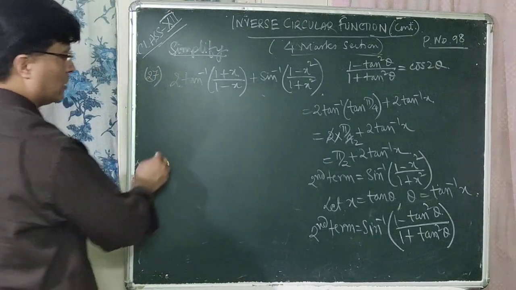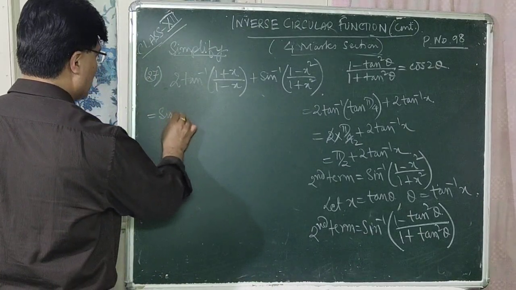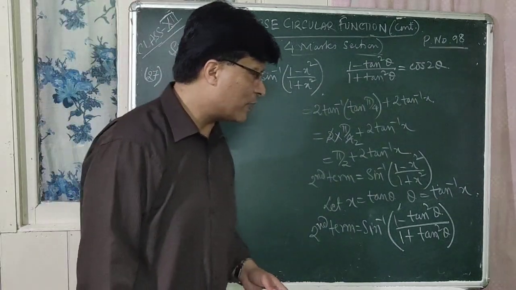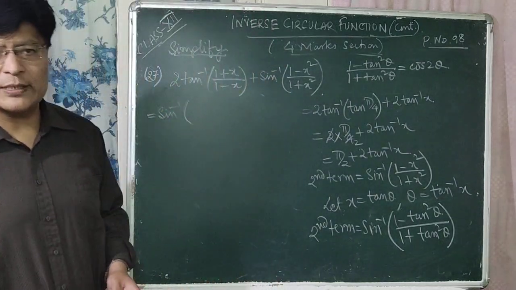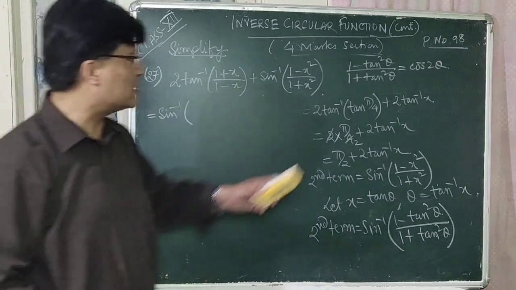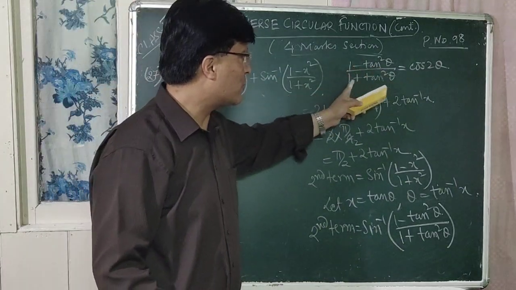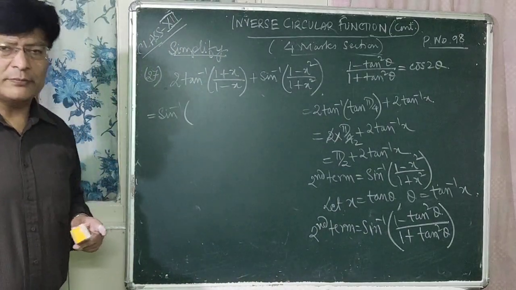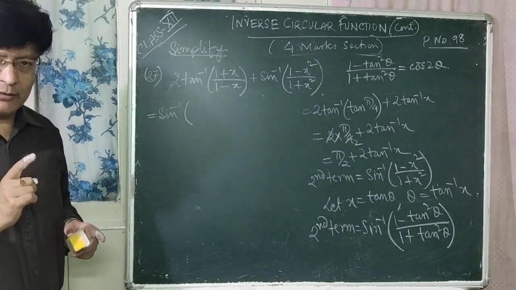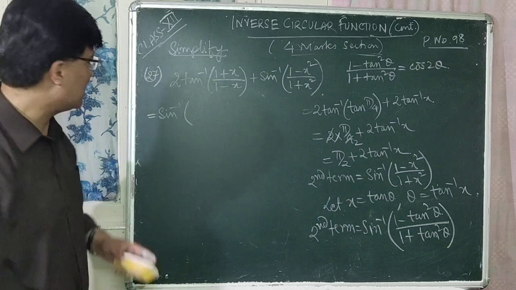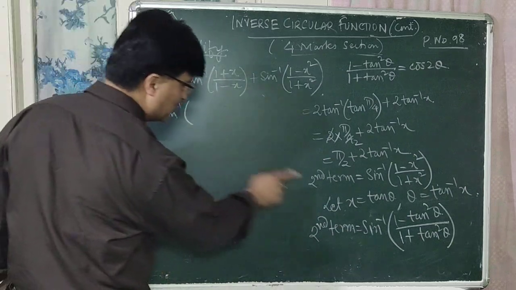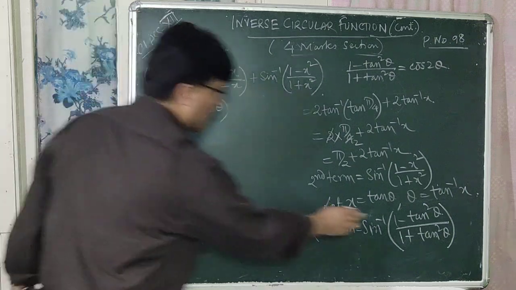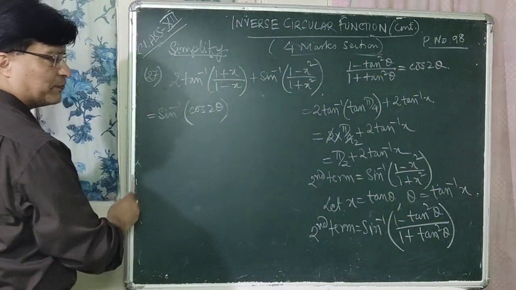So next, which is equal to sine inverse, what is the formula for (1 minus tan square theta) upon (1 plus tan square theta)? Just now we have written it, (1 minus tan square theta) upon (1 plus tan square theta) is equal to cos 2 theta. That is the formula from multiple angles of trigonometry, right? So it is sine inverse within bracket. The formula for this expression is cos 2 theta.